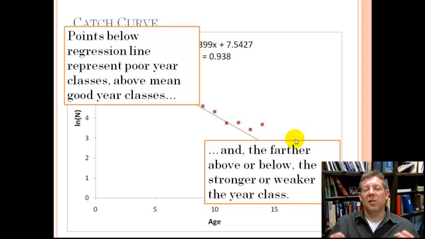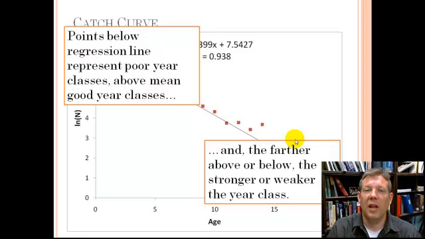The point is we can take those residuals from the catch curve as an estimate of how strong or weak the year class is, and then we can perhaps correlate that with something that occurred the year that fish was born. At any rate, the catch curve residuals are a really neat way to try to understand the difference between year class strengths.